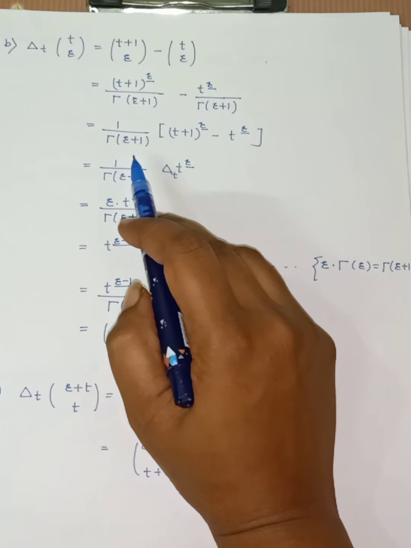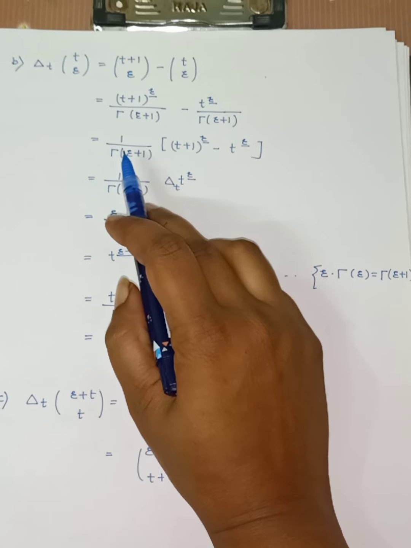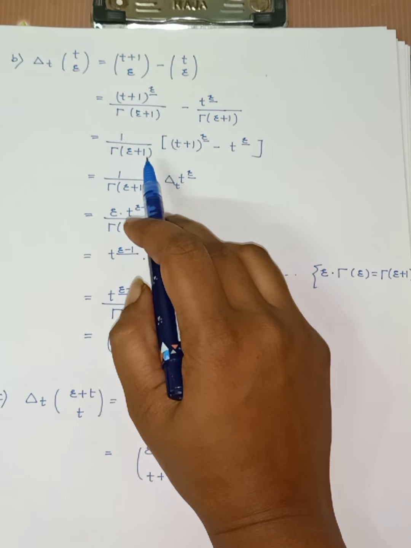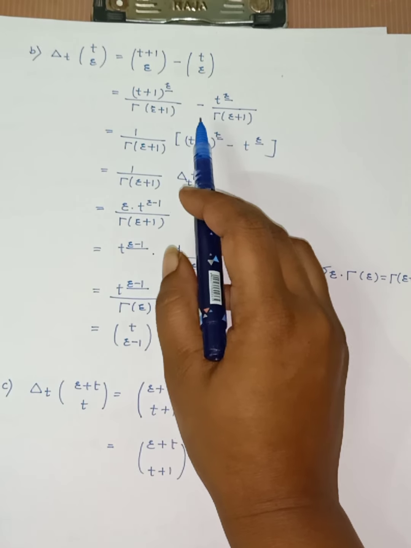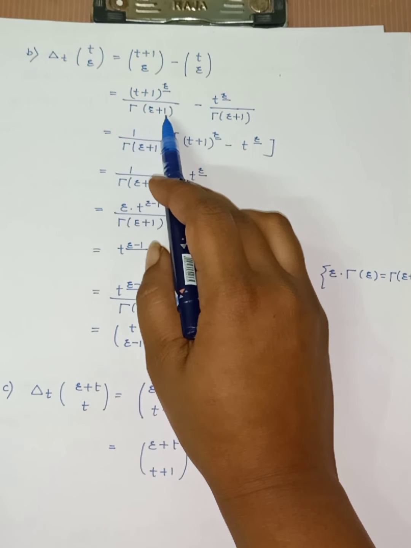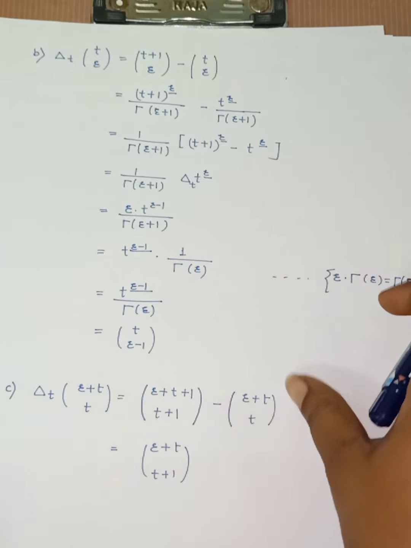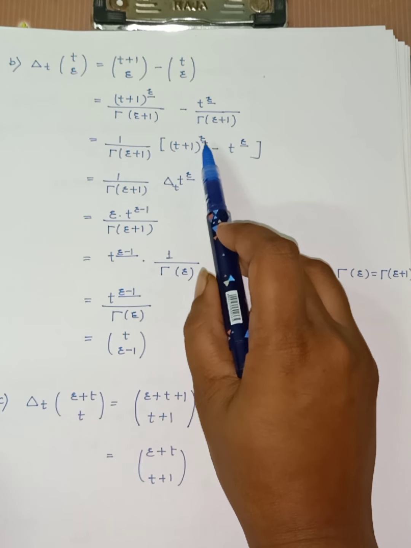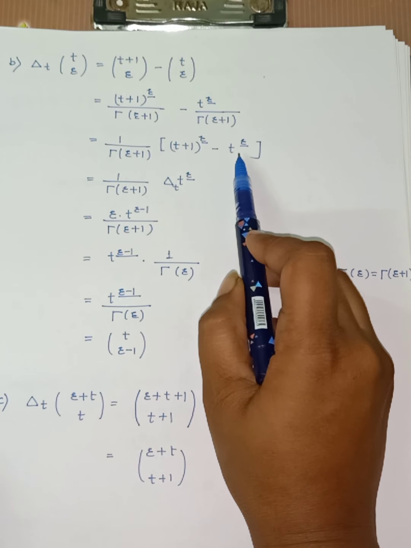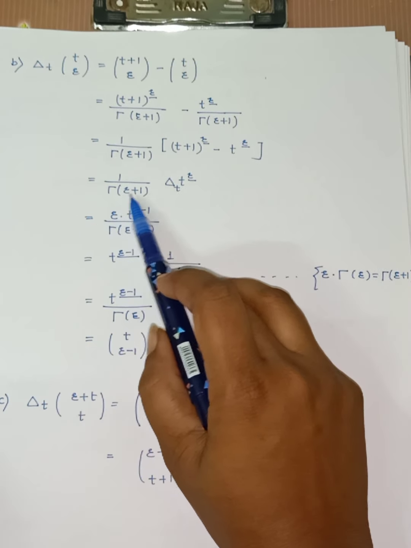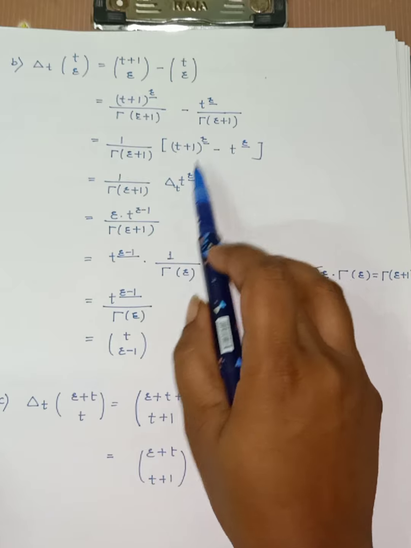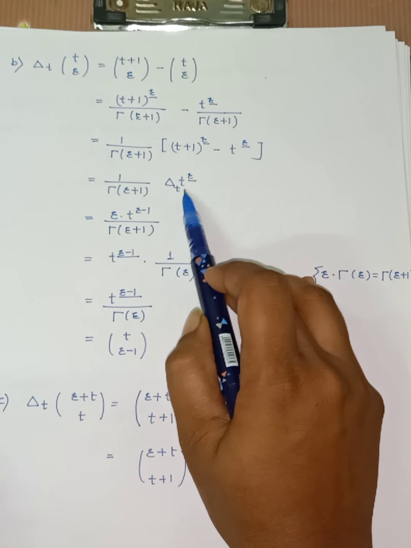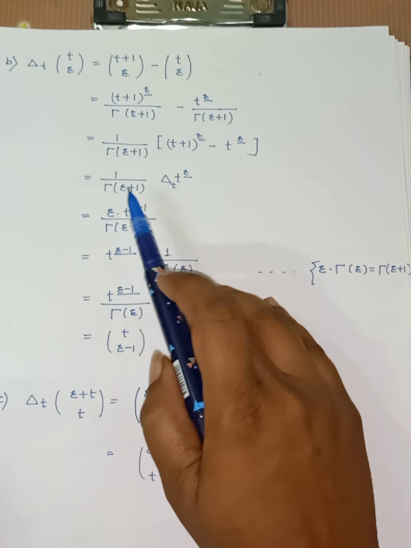Then 1 upon gamma r plus 1 is common in both the terms. Taking it common, what is remaining is t plus 1 to the falling r minus t to the falling r, that equals 1 by gamma r plus 1 times delta operating on t to the falling r.